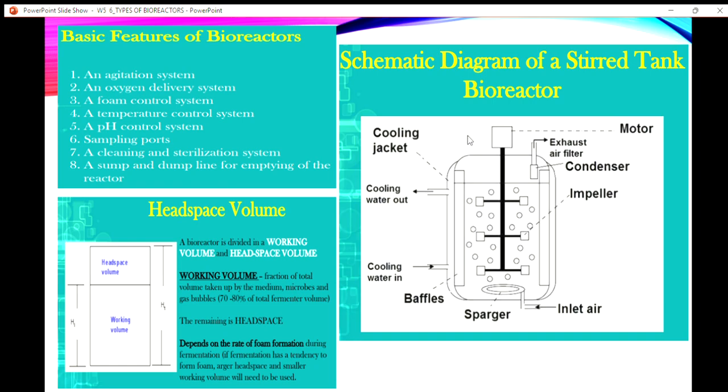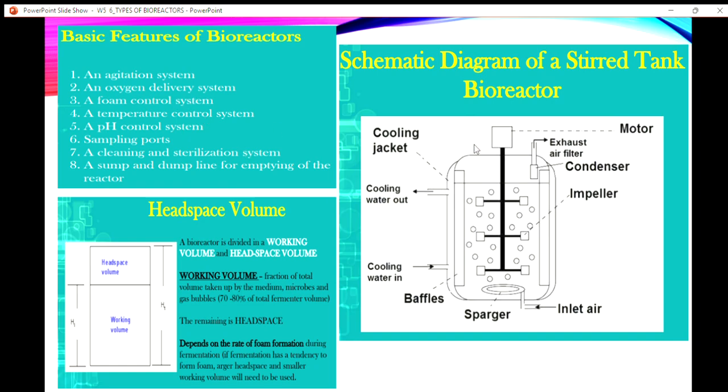So, basic features of a bioreactor: you need to make sure that there is an agitation system, which here is the impeller. Oxygen delivery system, here the sparger. Foam control system: you need to have a probe here to measure the formation of foam. Temperature control using the cooling jacket. pH control.